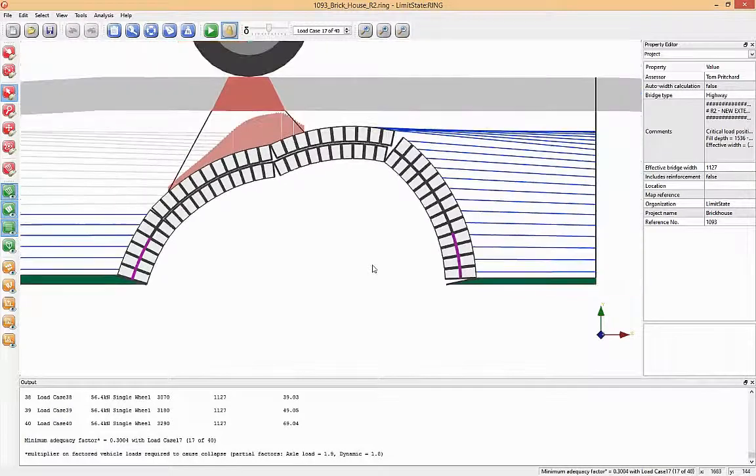And clearly I can look at various different what-if scenarios. What would be the effect of retrofitting this bridge by potentially stitching the rings together? I could easily model the effects of that if I wanted.